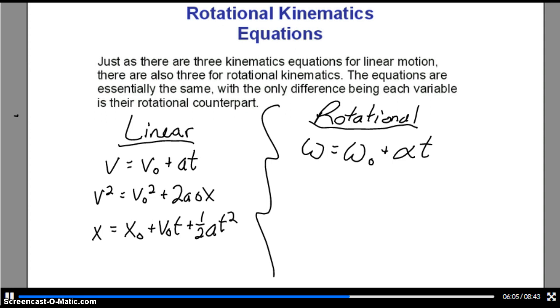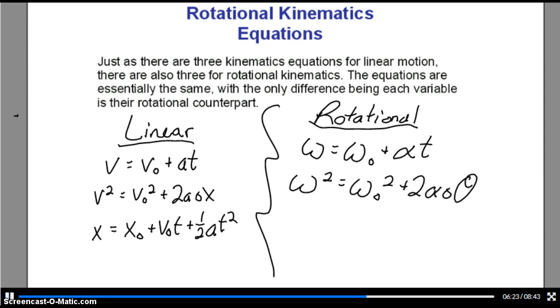We then have rotational velocity squared is equal to the initial velocity squared plus 2 alpha delta theta, and that a is actually an alpha there, showing rotational acceleration.